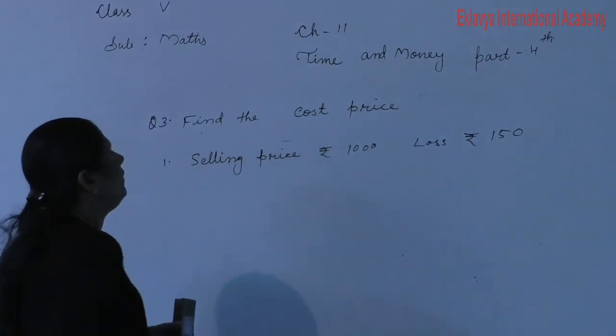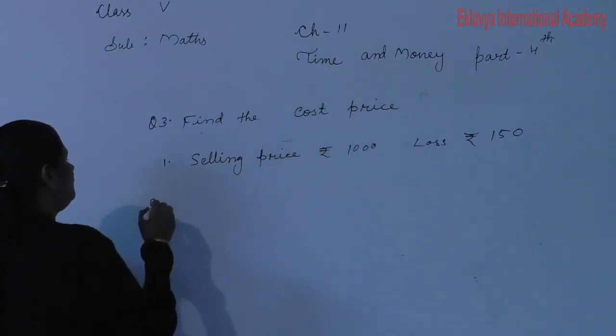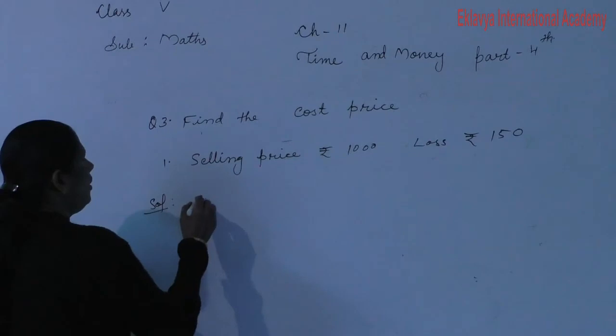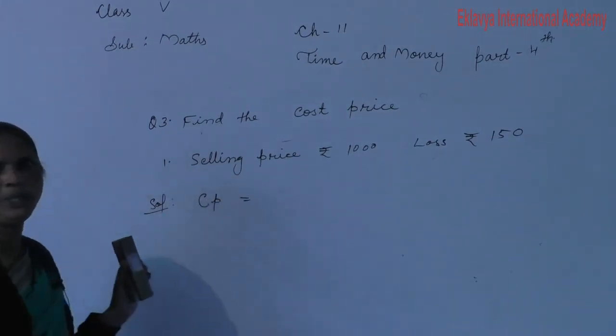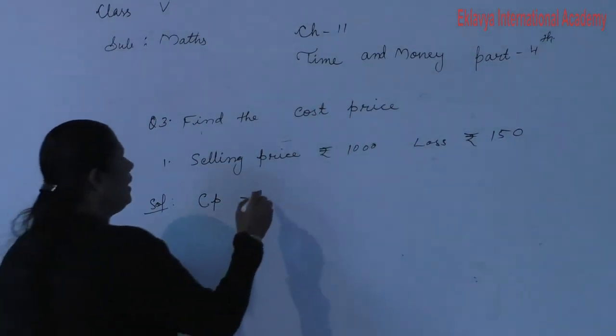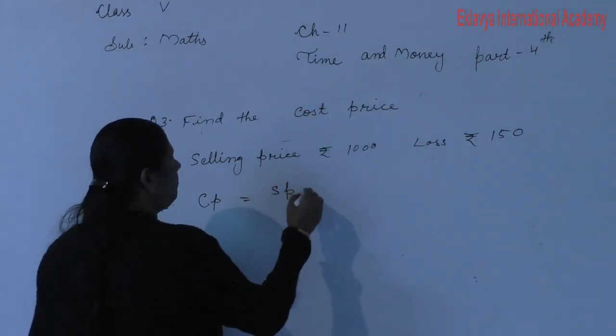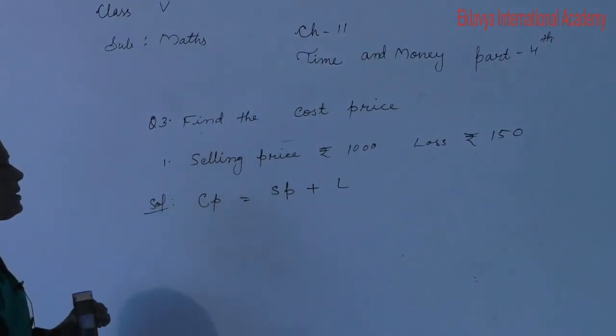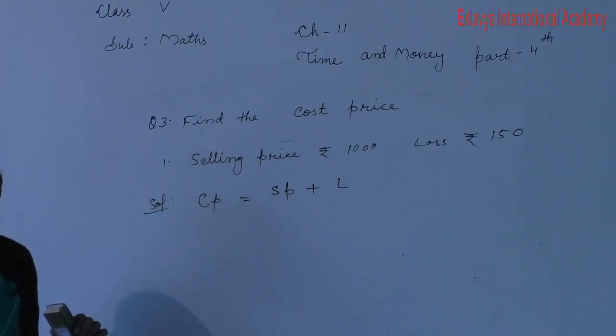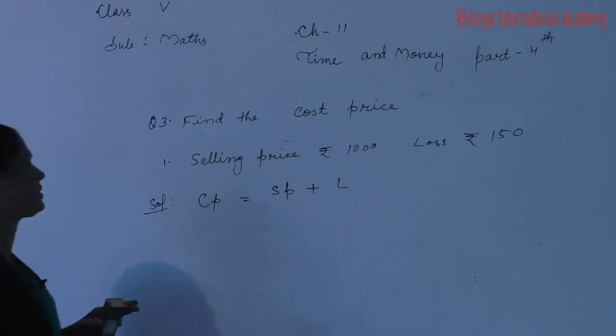Which formula do we put? Solution: CP is equal to SP plus loss.